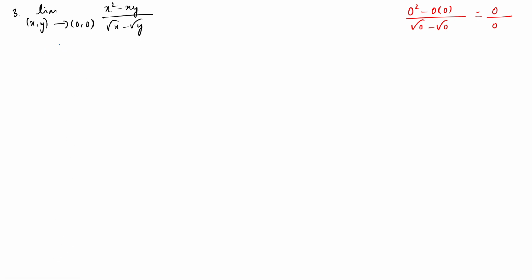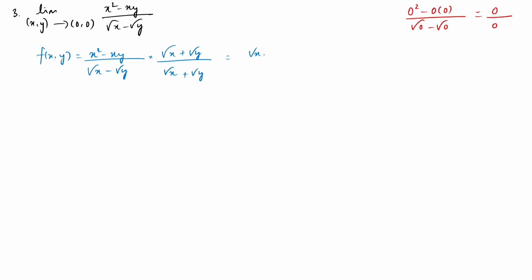So what I do is that I just consider only my f of (x, y), that is x squared minus xy upon under root x minus under root y. I multiply with under root x plus under root y upon under root x plus under root y.